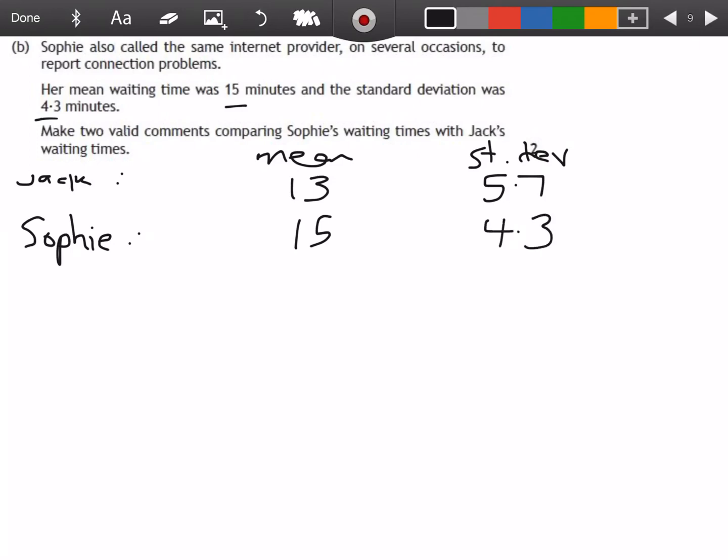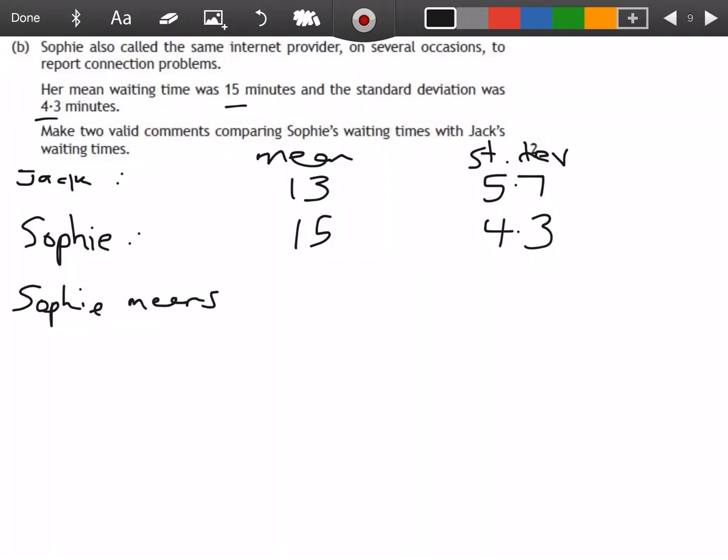Now, we've said this before, what we are not allowed to do is simply state that Sophie's mean is higher. We can say Sophie's mean is higher, but we need to say what that actually means in real terms. These numbers are about minutes, they're about length of calls. You must put those words into the answer, okay? So, Sophie's mean is higher.